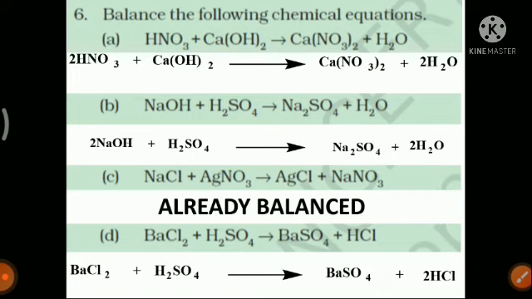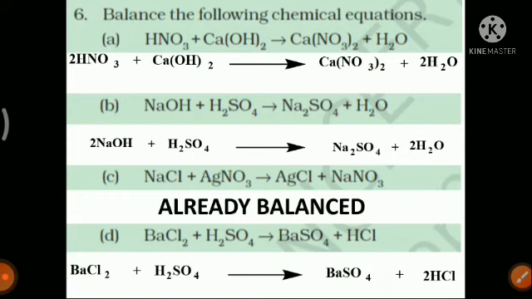By simply balancing it. If you put 2 before nitric acid, now you get the number of hydrogen on the reactant side equal to 4, and if you put 2 before water, you will get the number of hydrogen on the product side also equal to 4. Okay, so similarly you can balance all the other elements.